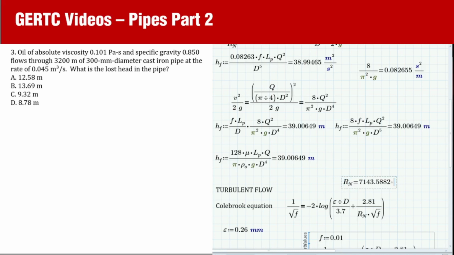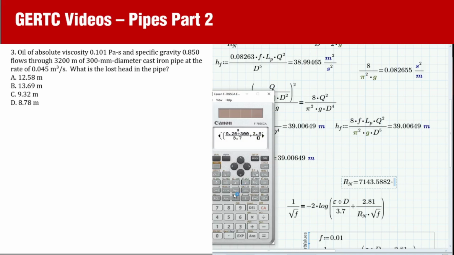Alright. 7143.588. Five-line na lang. Times the square root of f, which is x. Okay, sana wala akong error.